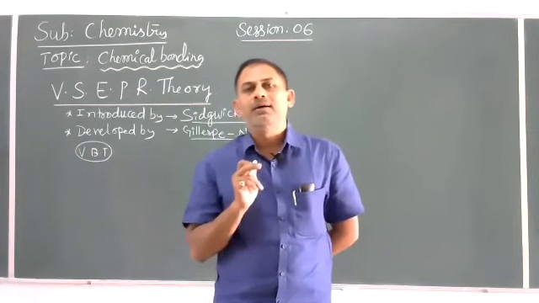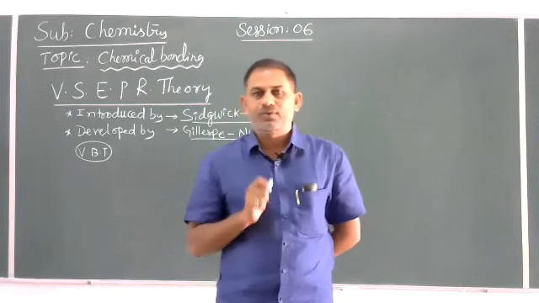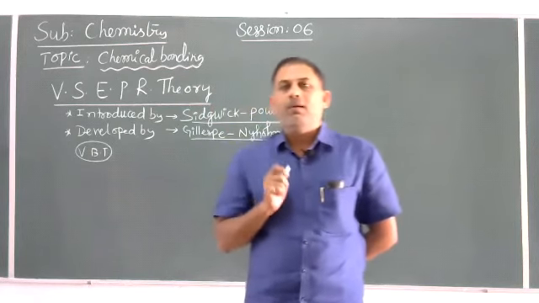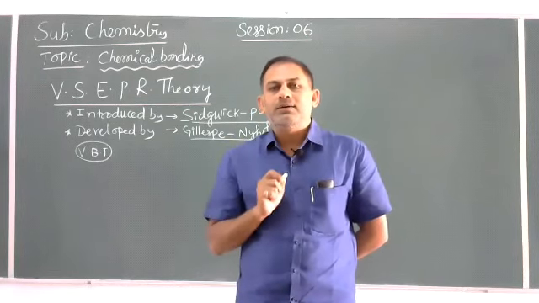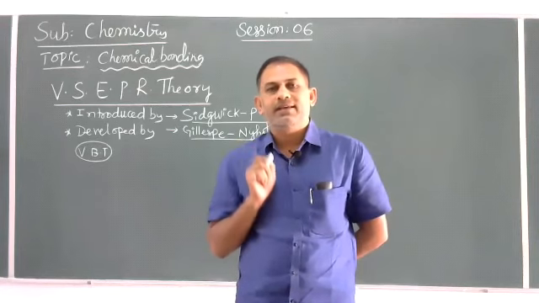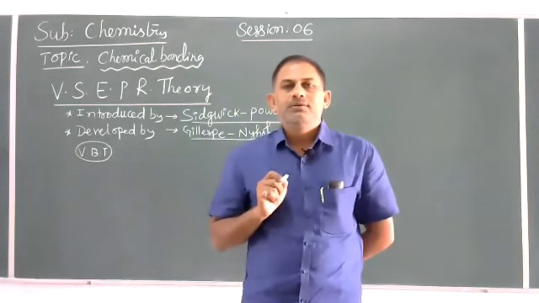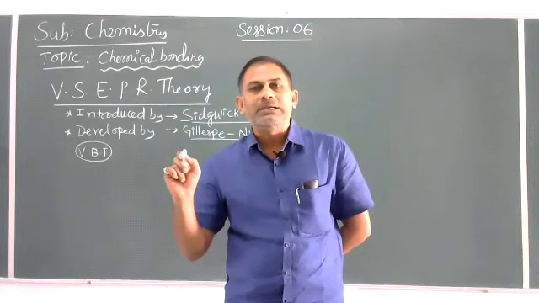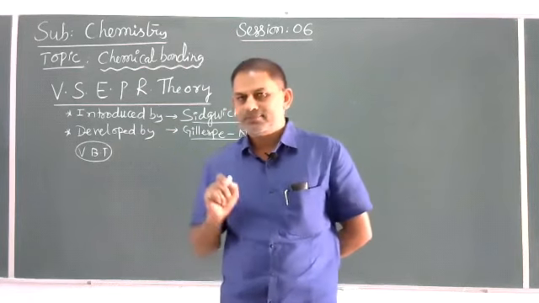Pi bonded electrons or orbitals do not participate in explaining geometry, only sigma bonds. Around the central metal atom, along with the sigma bonds, some non-bonded electron pairs are there. Due to the presence of non-bonded electron pairs, the geometry changes from a regular shape to an irregular shape.